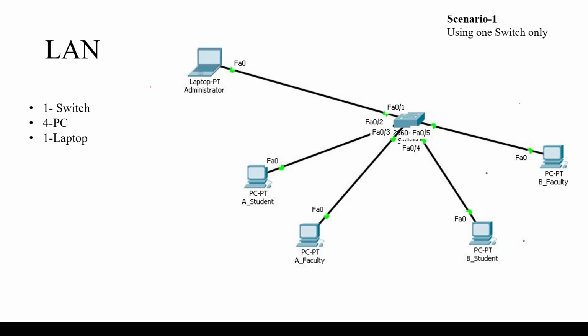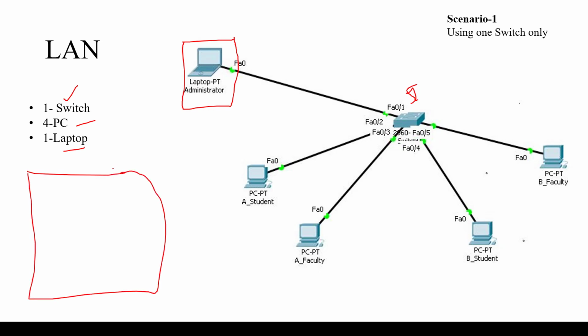So here you can see I have one switch over here, and I have 4 PCs and one laptop. Forget about the role of this laptop right now. In this scenario, just take 4 computers and one switch. The scenario is that we have two types of user in one campus, student and faculty.